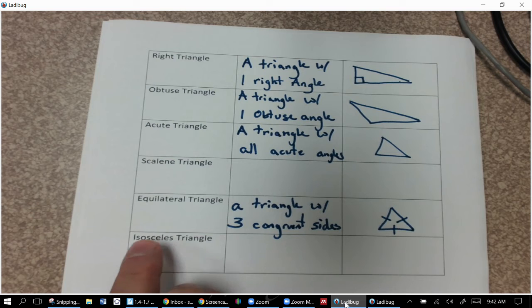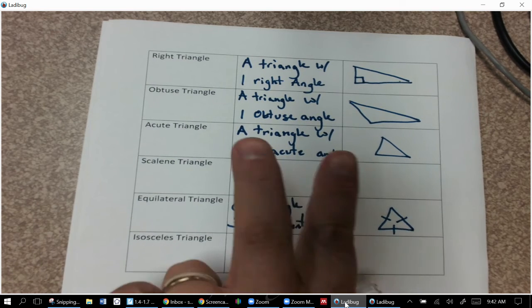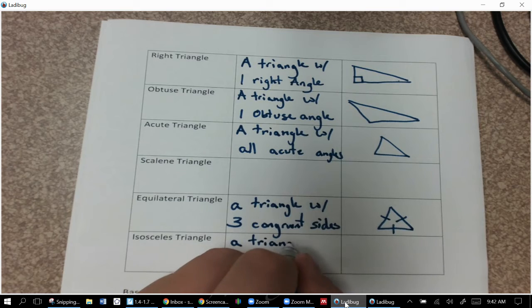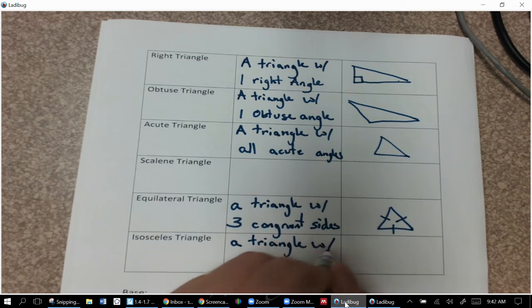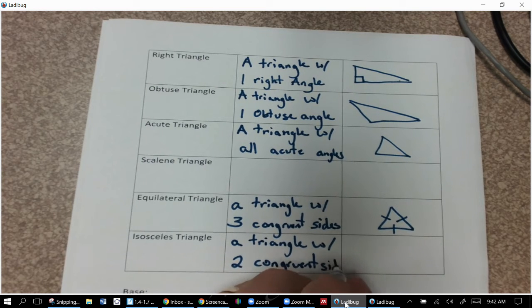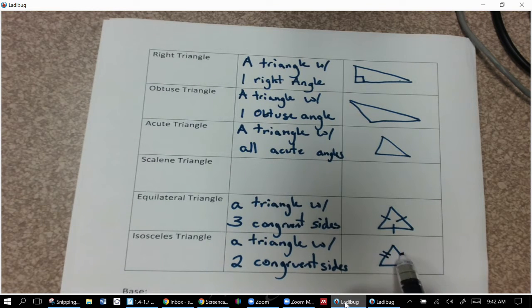Now, one of these you've probably heard before. I'm going to guess isosceles. That's the one that's got 2 equal sides. Or 2 congruent sides. Something like that. And then a scalene triangle is just where none of them are equal.